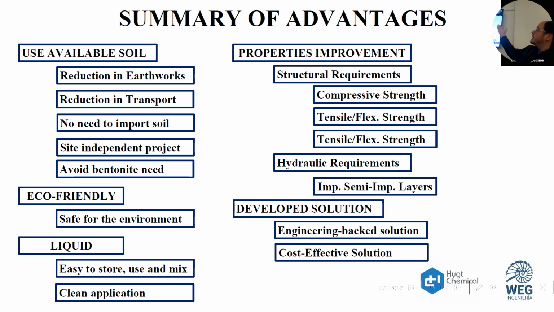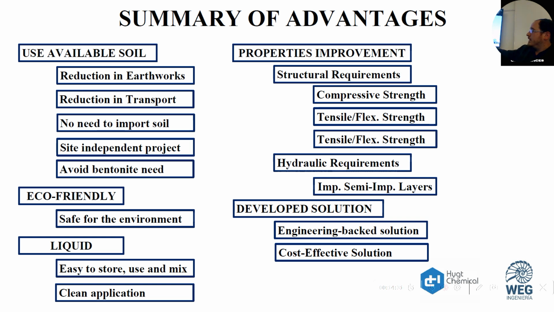Basically, the summary of the advantages of using chemical stabilization instead of other types of stabilization or other methods are to use the available soil on site. It means an important reduction in earthworks and in transport. You don't need to import soil. It is a site-independent project, which means that you can do this in any project, just classifying the soil and getting some properties from the soil. You then just use the chemical, and you avoid the need for bentonite, which is hard to work with and usually required in large amounts, and you don't always have it on site or near the site.